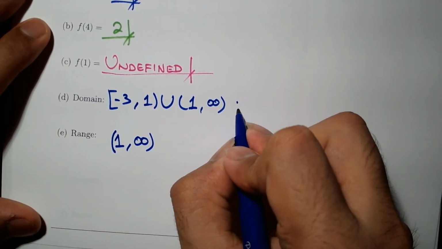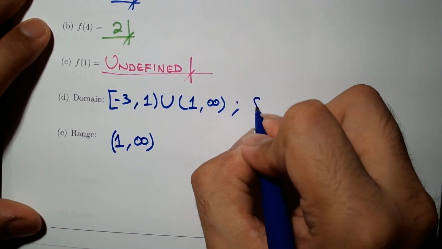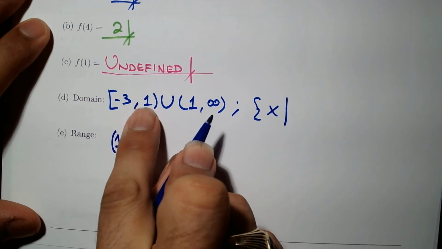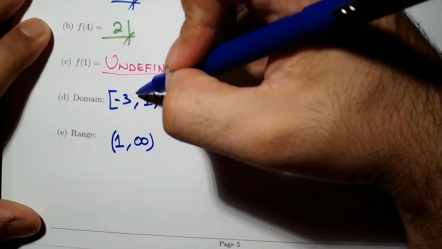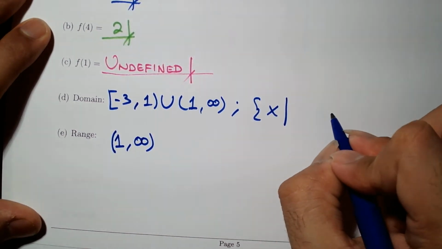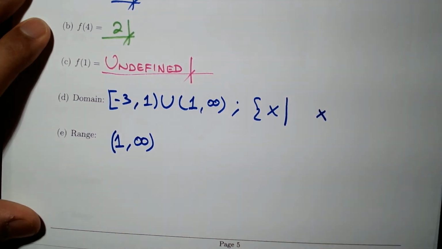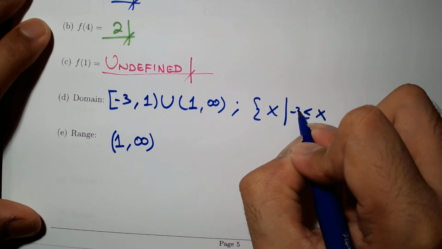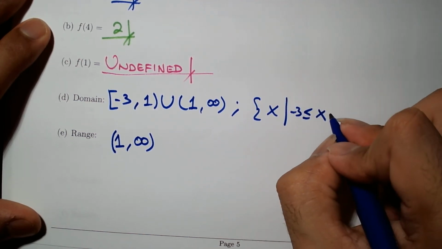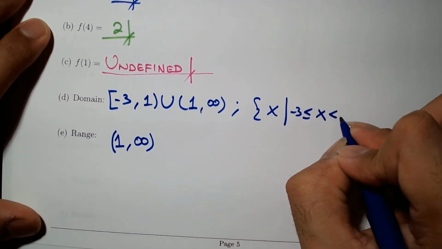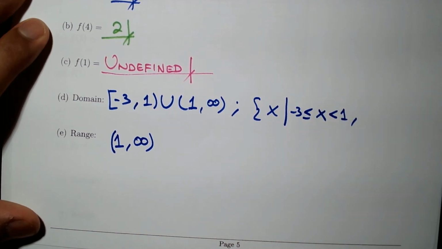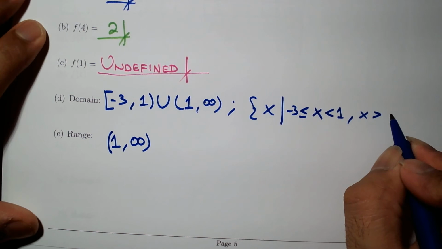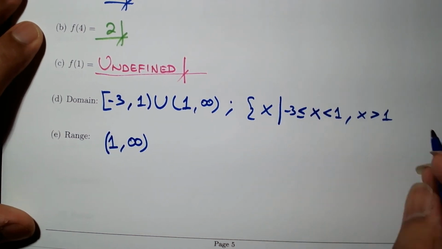Alright, how do we express this using set notation? So x such that, well, in this case I'm going to put an x in the middle. X is greater than or equal to -3 and less than 1, comma, the other restriction, x greater than 1.